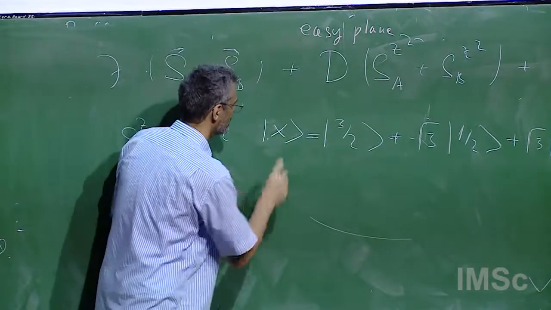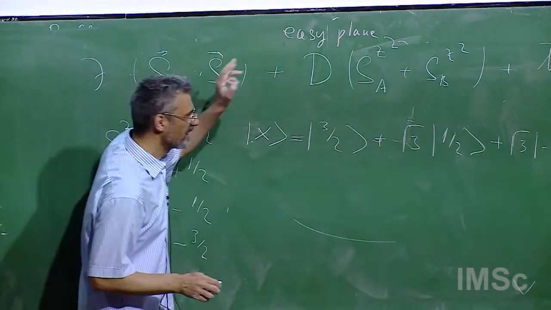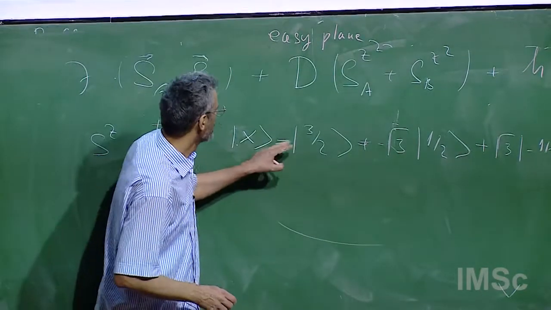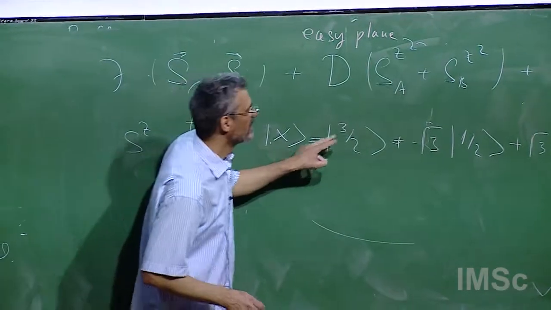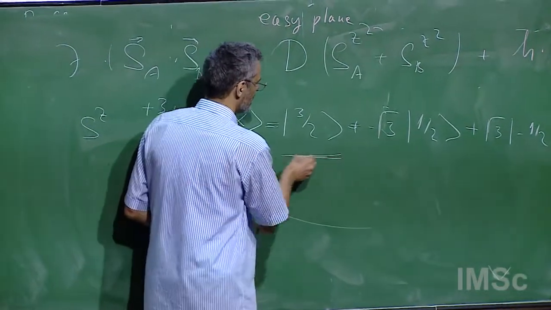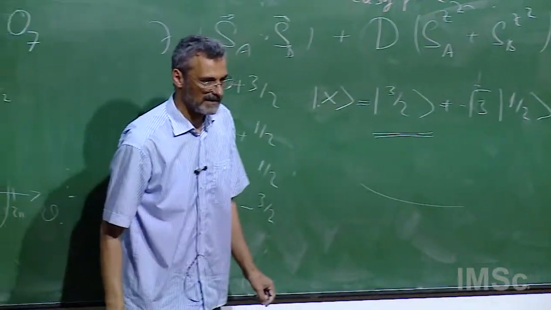Okay, let's put it this way. This is not the best notation, but it will do for the moment. So here the spin is pointing along the x-axis. However, if it wants to do that, then this D will punish the 3/2 and the minus 3/2 spin components.